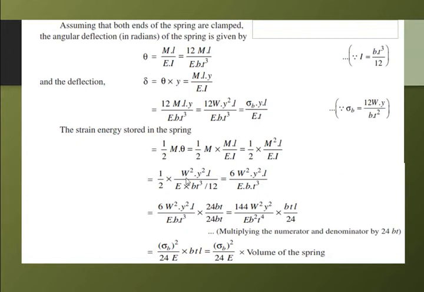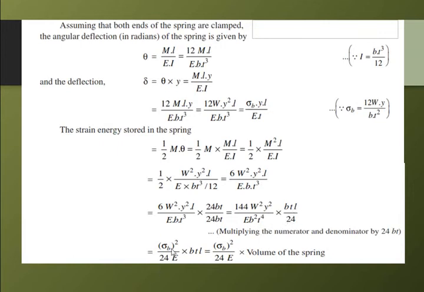Then we want to write this in terms of the volume of the spring. The volume of the spring is BTL. For that you need to multiply and divide by 24 BT. You will get 144W square Y square by EB square T power 4 into BTL by 24.